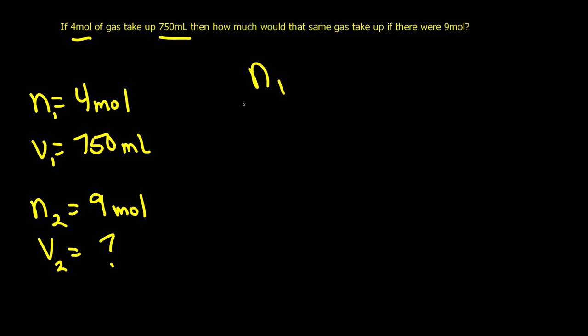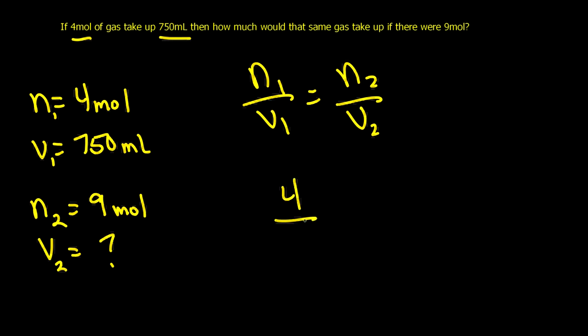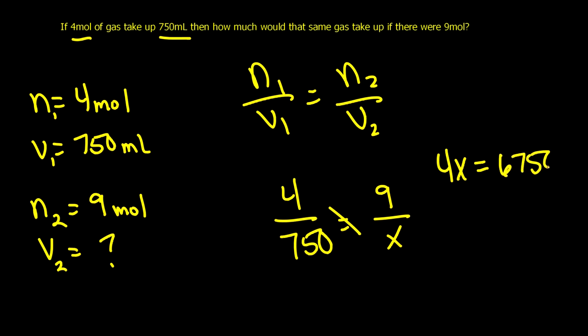So our formula is N1 over V1 equals N2 over V2. So let's just plug it in. So N1 is 4, V1 is 750, N2 is 9, and V2 is X. So we cross multiply. 4 times X is 4X. 9 times 750 is 6,750.